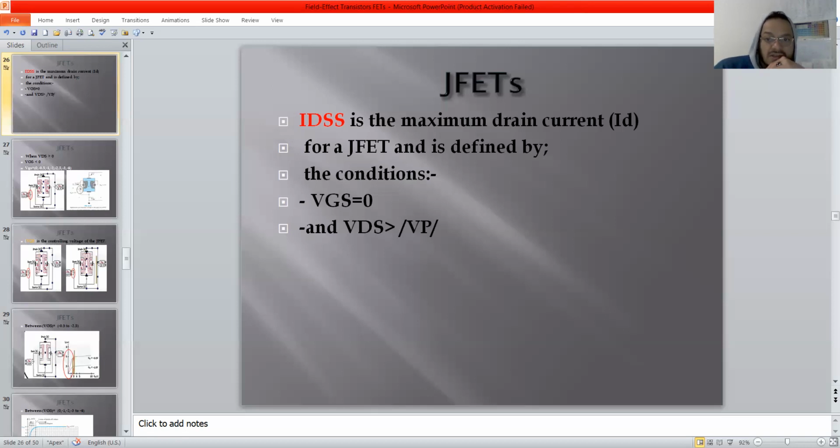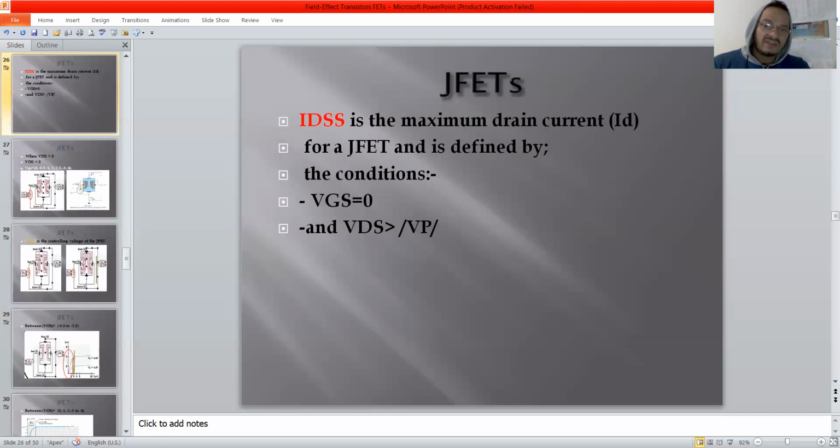Here we can say we have the same curve if we make a comparison with VGS equal to 0, the gate source voltage equal to 0, but with maximum current. And the same thing, Ohmic law acts on the behavior of the current, but with a bigger amount of current.